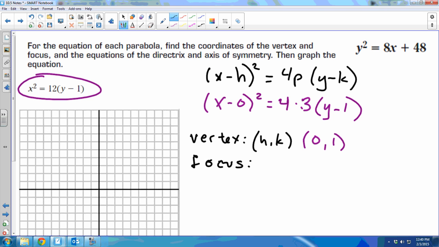And it says (h, k plus p). Well, I know what p is now. That's the whole point I rewrote this. Right? p is 3. So, h is still 0. And then I have 1 plus 3. So what's 1 plus 3? So 0, 4 is my focus. Everyone good so far?